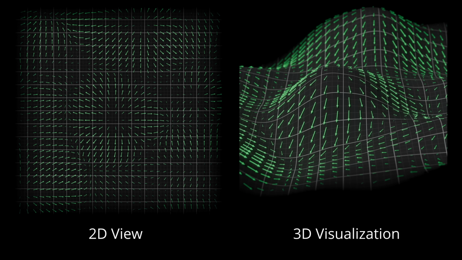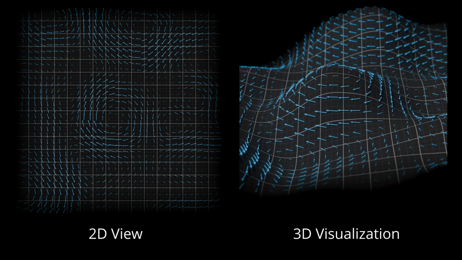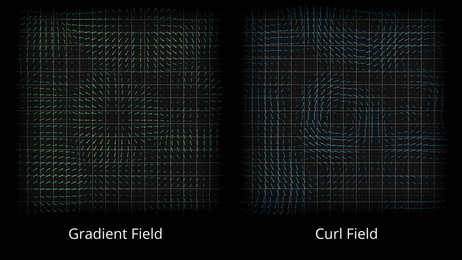But if we just rotate those gradient vectors around the normal vectors of our surface by taking the cross product between those two vectors, we'll get what's known as a curl field. This vector field curls around the high and low points of our height field and will be completely divergence-free. To better understand why this is the case, we can imagine a few particles traversing the gradient field and the curl field.